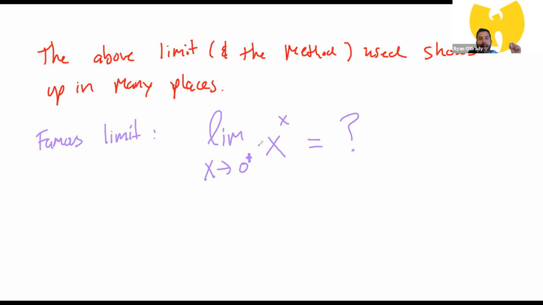So whenever you have, and this is very interesting, if you look at this particular expression, notice we have a variable downstairs and upstairs. So the variable is not only in the exponent, but it's also in the base. This is different than a polynomial, and this is different than an exponential function. The variable is raised to a variable.